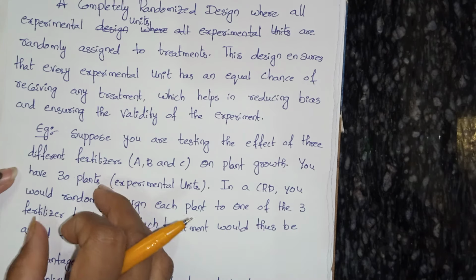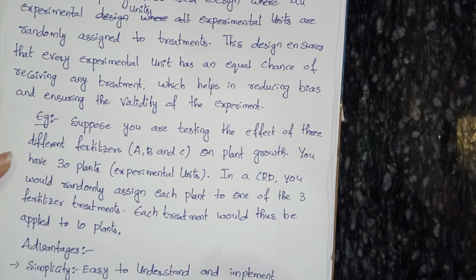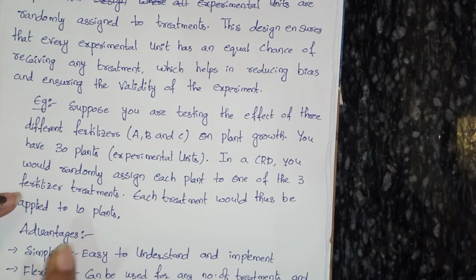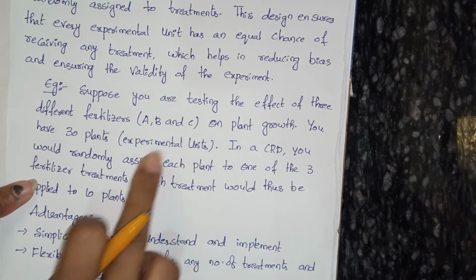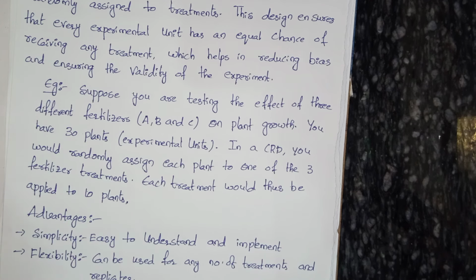We pick one plant randomly and give one treatment, then pick another and give a treatment, without any previous knowledge about the fertilizer and the plant. That is randomly assigned. Each treatment receives how many experimental units? 10 experimental units.